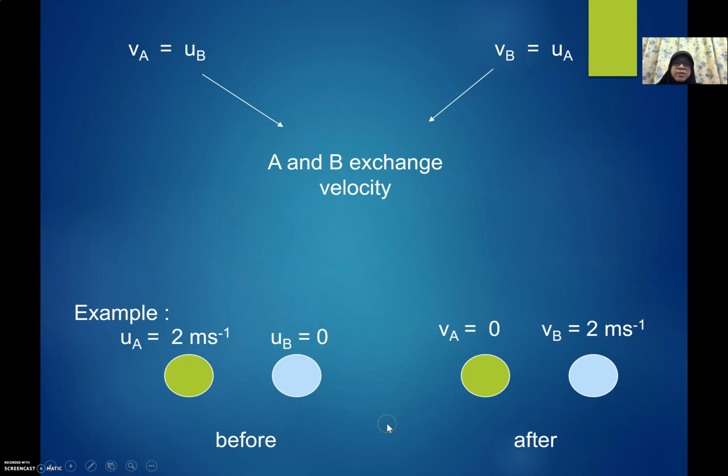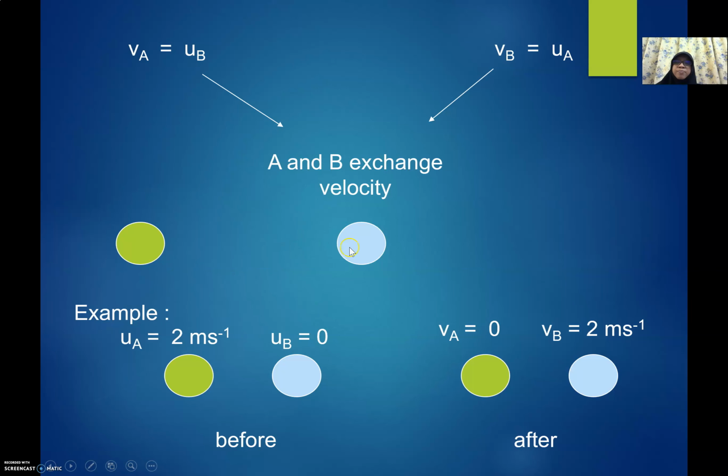Okay, if you still cannot get the picture of this by substituting the values, let's look at this animation. It means that A and B exchange velocity. So I repeat the explanation.